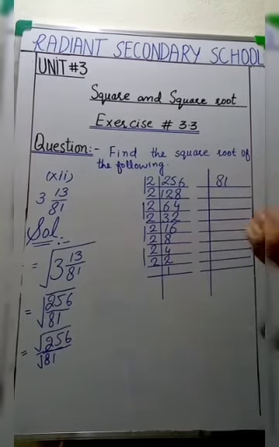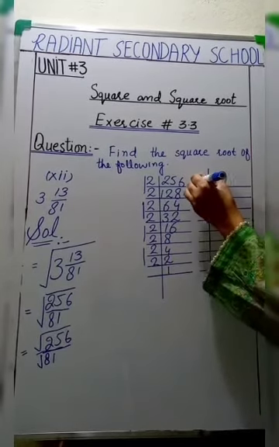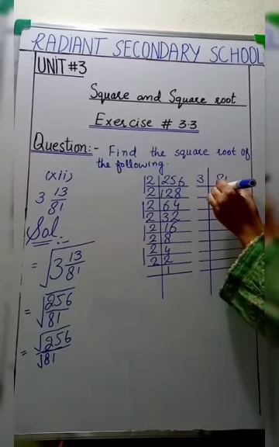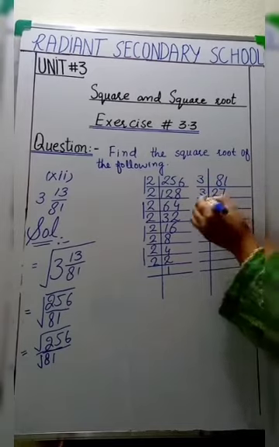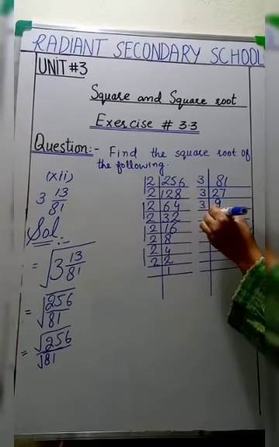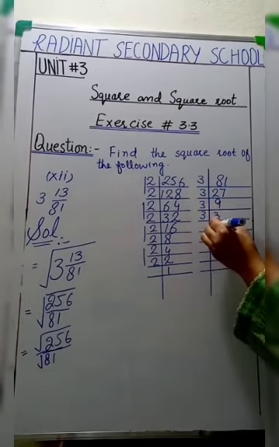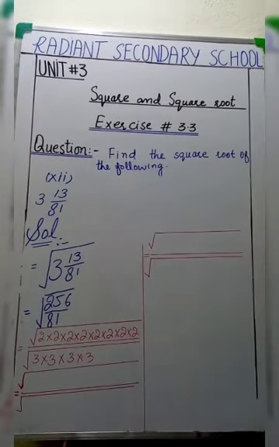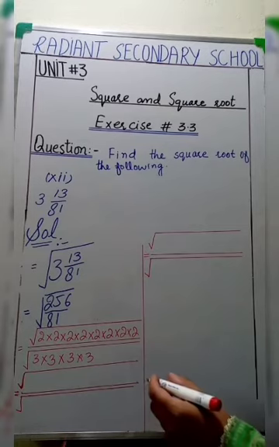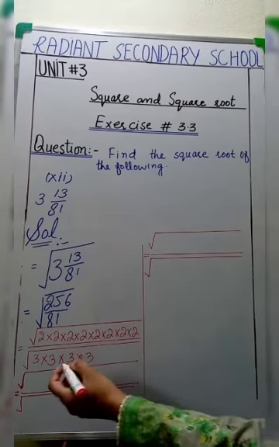Now make factors of 81. 3 2s are 6, 3 7s are 21, 3 9s are 27, 3 3s are 9 and 3 1s are 3. Okay class, after making the factors of 256 and 81, I will write their factors under the root.